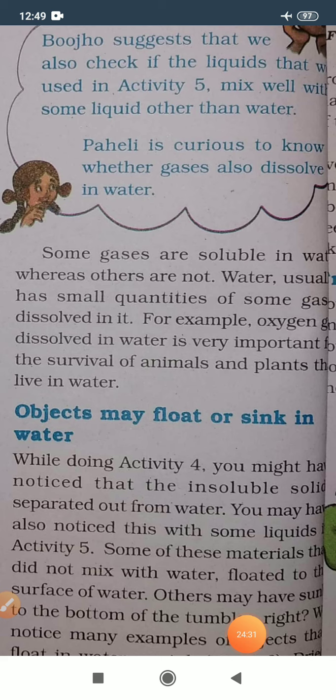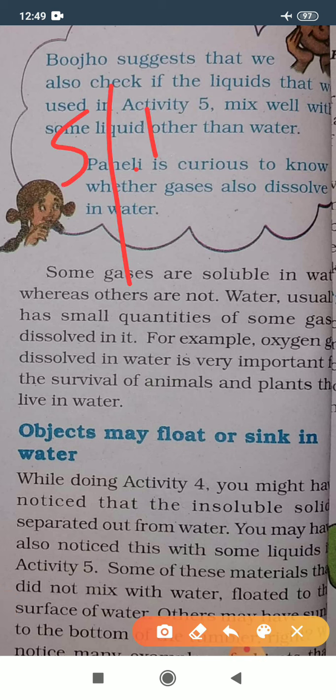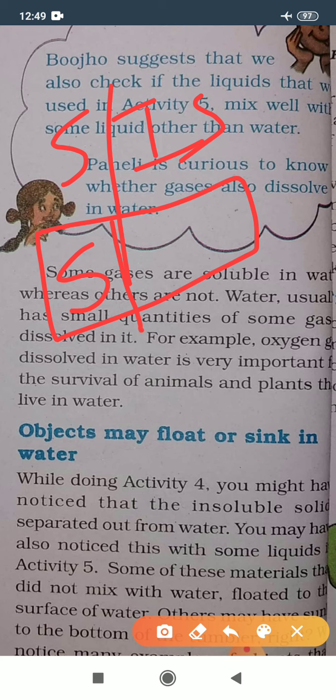So in this part we learned about soluble substances and insoluble substances. In that we took solid substances and found that many solid substances were soluble and many were insoluble in water. After that we took some examples of liquid substances.